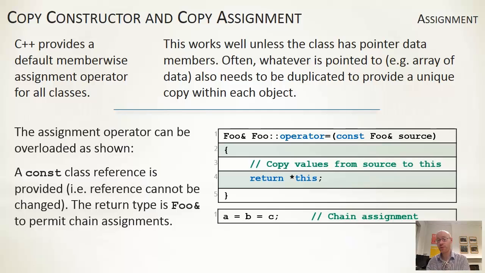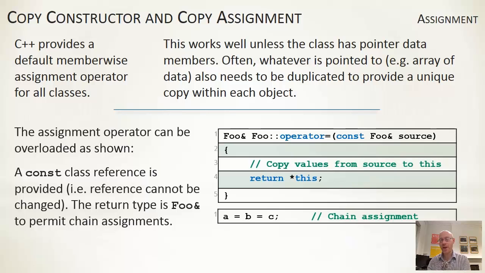It's part of foo, so we're saying that for the foo class, we want to define how the assignment operator works, and we're passing in then another instance of foo, which we're not going to be able to change. The return type from it then. Now, a lot of constructors, when you construct something, you don't have a return type. But here, we do have a return type for this copy assignment constructor.